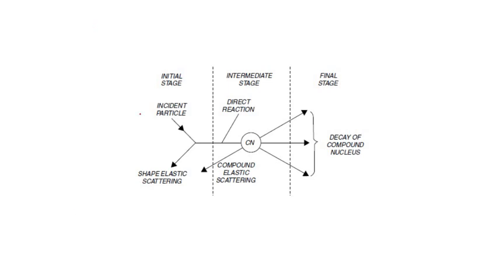Now what you are seeing over here in this figure basically shows a schematic of the various conceptual stages of a nuclear reaction. This was after Weisskopf, he did that. Now you see the incident particle comes before the field of the target nucleus.